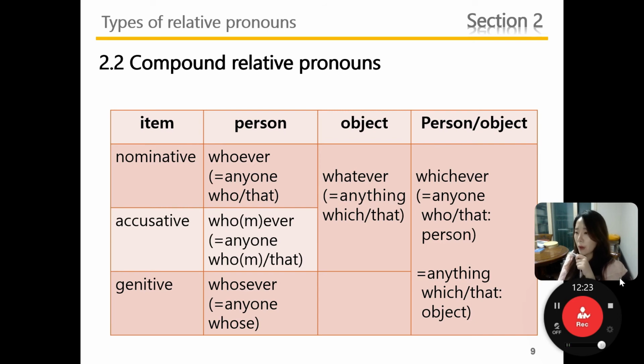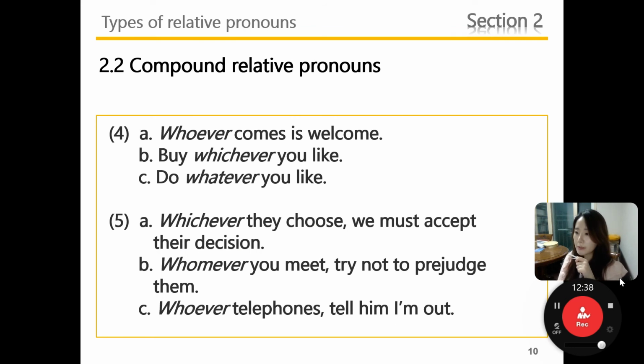Therefore, while relative clauses are adjective clauses that modify the antecedent, compound relative pronouns precede a noun clause. Let us consider some examples in which compound relative pronouns precede a noun clause.